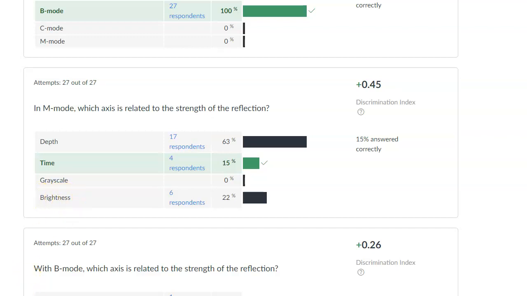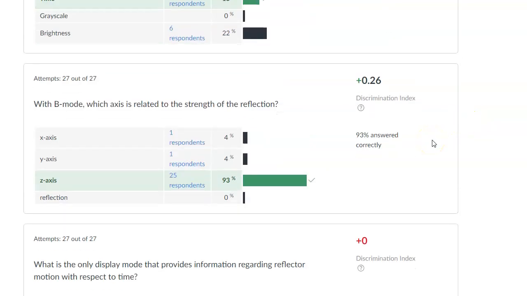It's also known as the z-axis. Okay, I have corrected that question in the answer bank, and you may see your score increase. I did not reduce any scores on that question.